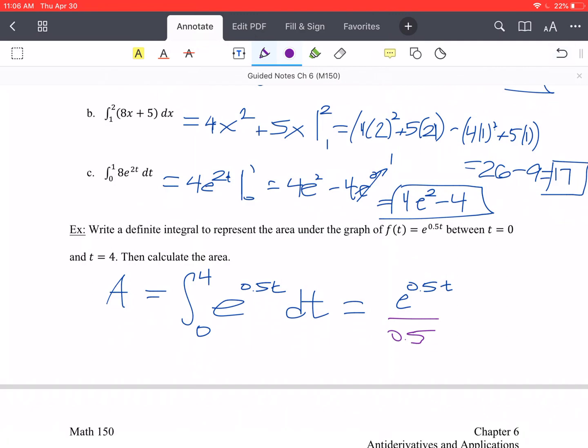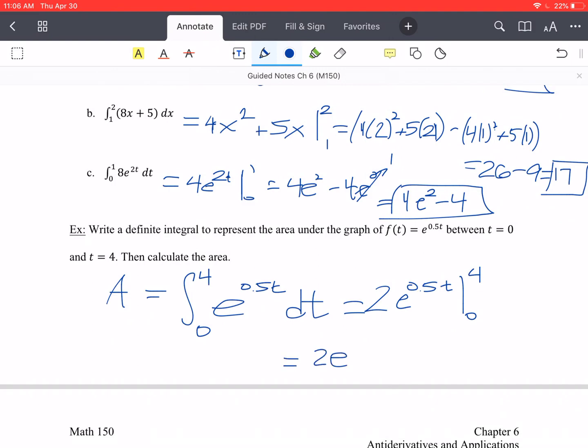But this is the same thing as dividing by 1/2, which is the same thing as multiplying by 2 over 1. So instead of dividing by the 0.5, I'm just going to multiply it by 2. And that will have the same effect and saves me a little space. And this gets evaluated from 0 to 4.